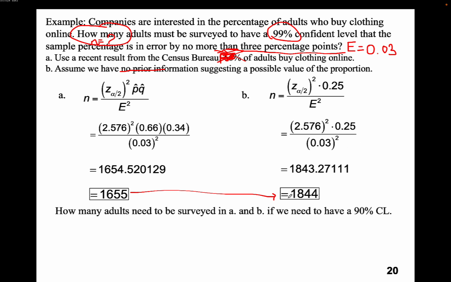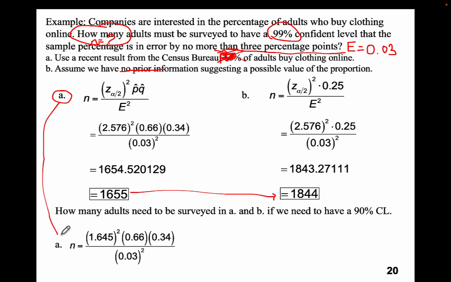Okay. How many adults need to be surveyed in parts A and B if we are to be 90% confident? All right, so what we're going to do now is just redo part A, but with 90% confident, we want to see what changes. What changes from here to here? Well, we know that 99% was the confidence level up here, and down here it's 90%, but what does that affect?